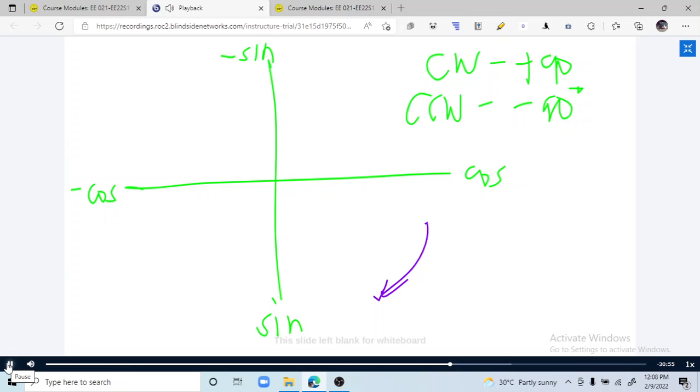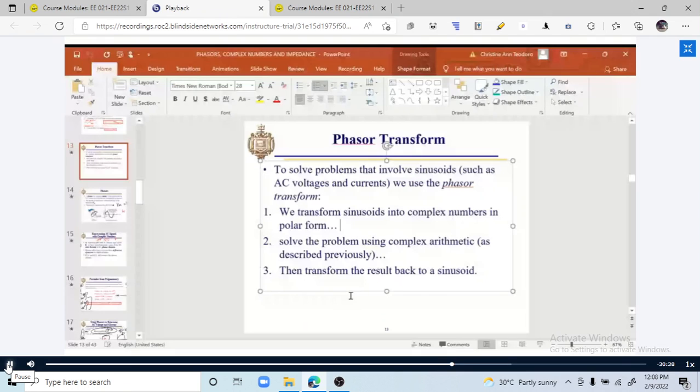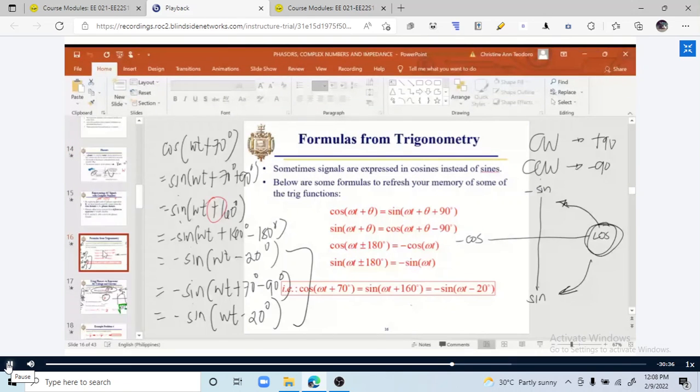Let me share the screen. Can you see the screen now?